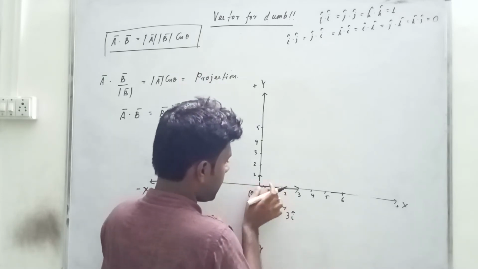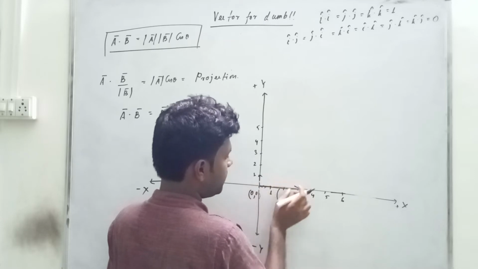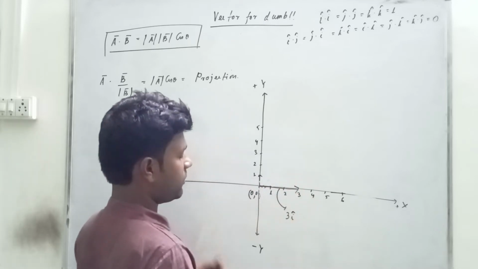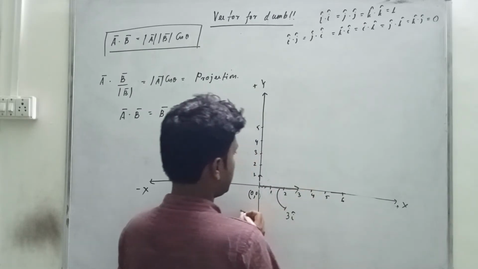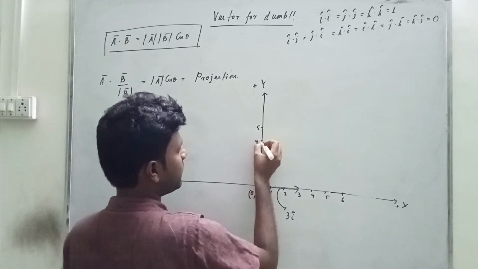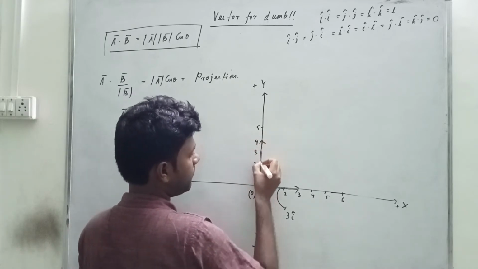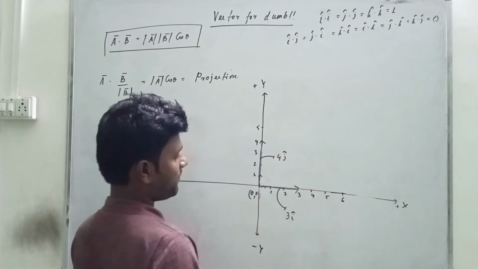If you add these three i hats, you will get 3 i hat. And obviously, what will be 4 j hat? Very simple thing. It is your 4 j hat, right?